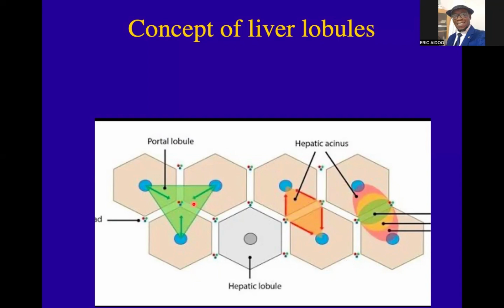When you look at this, you realize that the portal lobule is joined at the vertices of this triangle by the central veins, of this hexagonal structure of the hepatocytes.